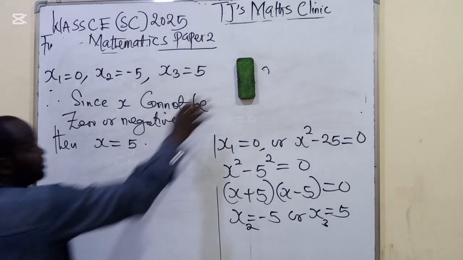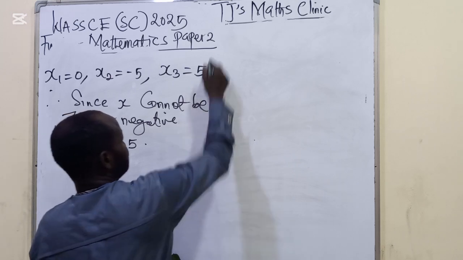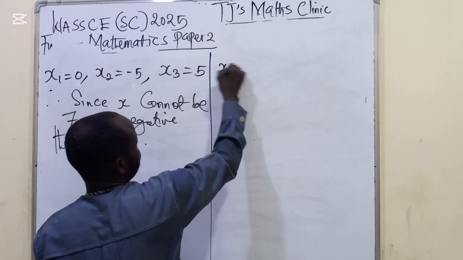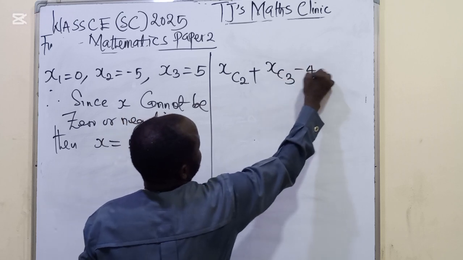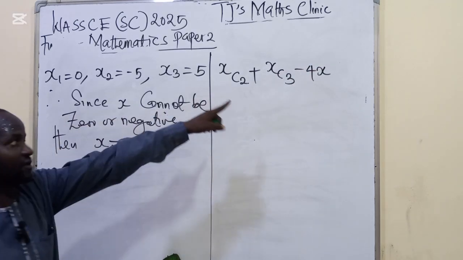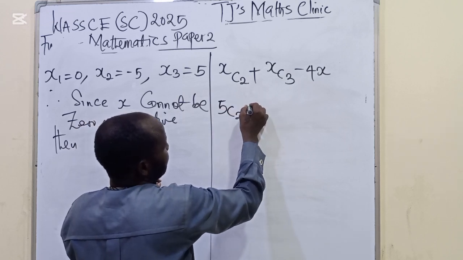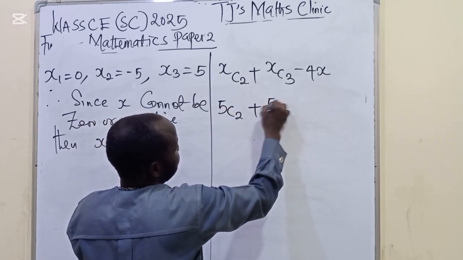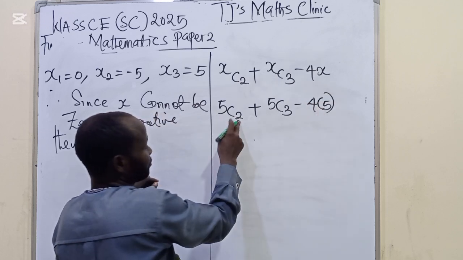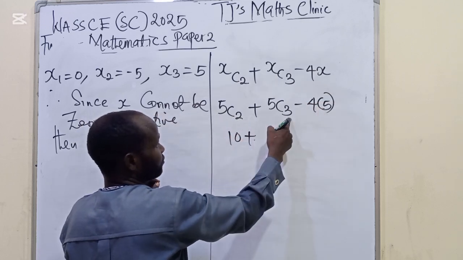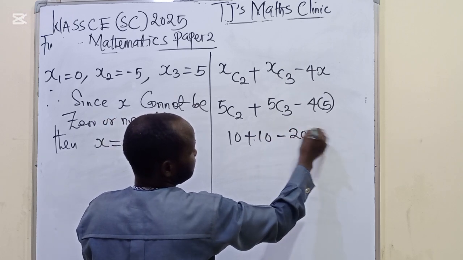We can check. Let's say we want to check whether truly x is 5. Let's substitute. We have x combination 2 plus x combination 3 minus 4x. We substitute x as 5; will it be equal to 0? Let's see. 5 combination 2 plus 5 combination 3 minus 4 into 5. 5 combination 2 is 10, plus 5 combination 3 as well is 10, minus 4 times 5, that is 20.